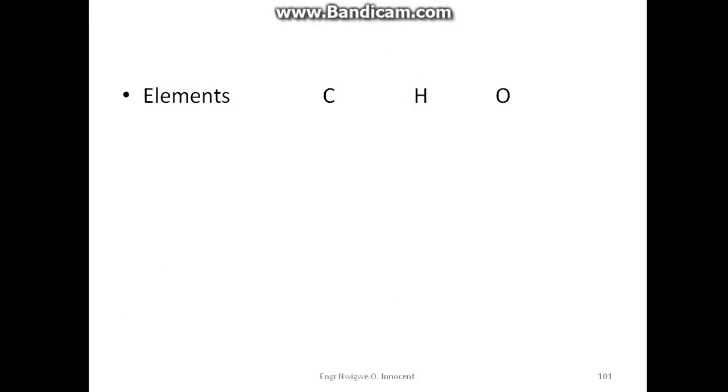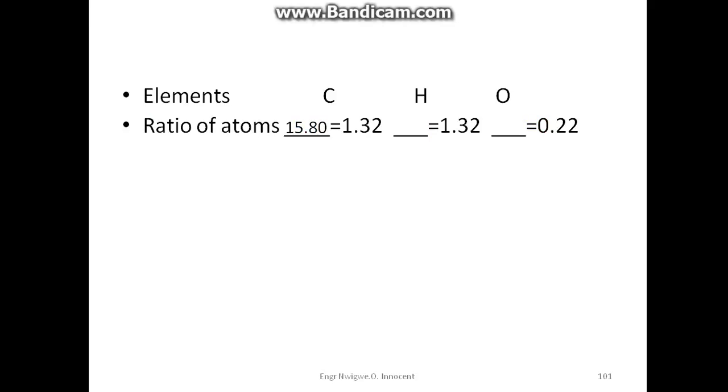Elements within this compound are C carbon, H hydrogen, O oxygen. The ratio of atoms is equal to 15.8 over 12, which will give us 1.32. For hydrogen, 1.32 over 1 will give us 1.32.